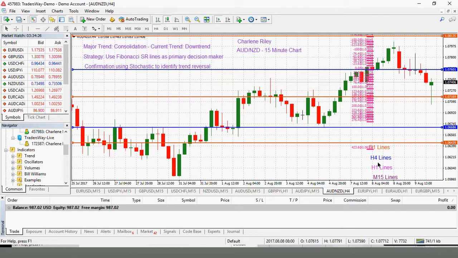The nice thing with the colors is this way I always know where the lines came from.